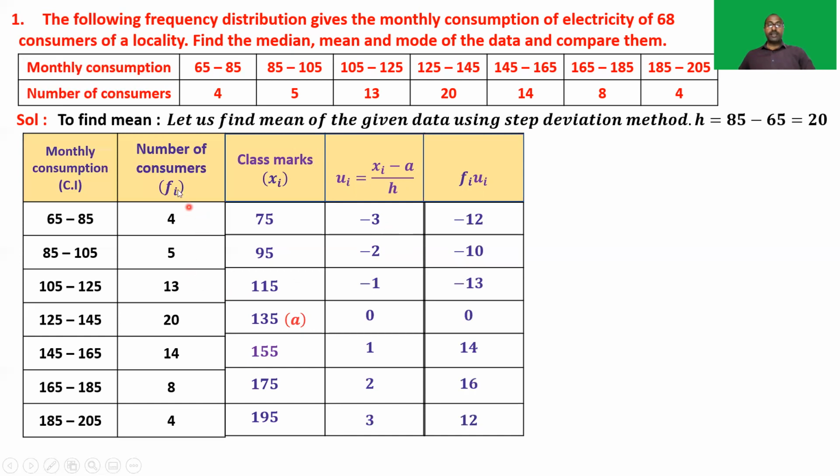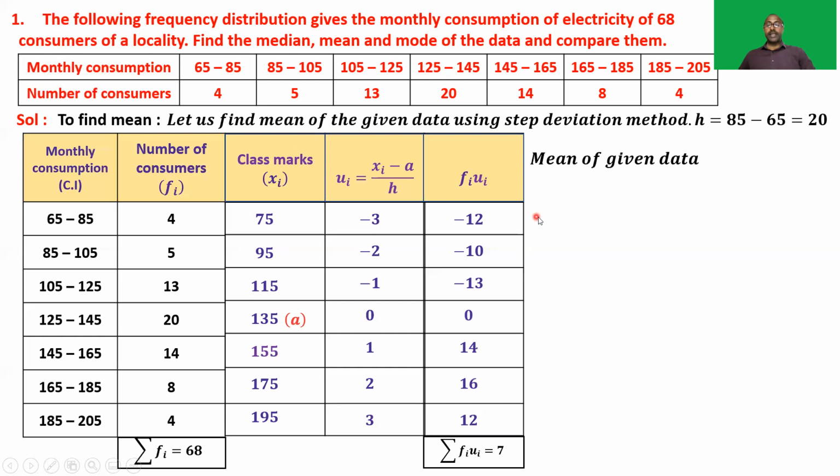And now let us find the sum of the frequencies. Sigma fi is equal to 68, which is already given in the data. And sigma fi ui, that is the sum of all fi ui's, is 7. And now the mean of the given data is equal to a plus sigma fi ui by sigma fi into h.